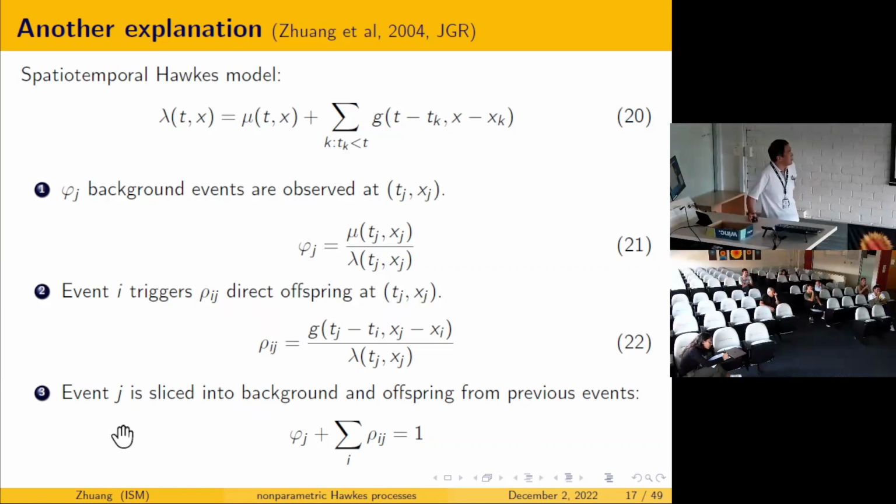In this way, each event is sliced into a background slice and offspring slices. This is another meaning of this formula here.